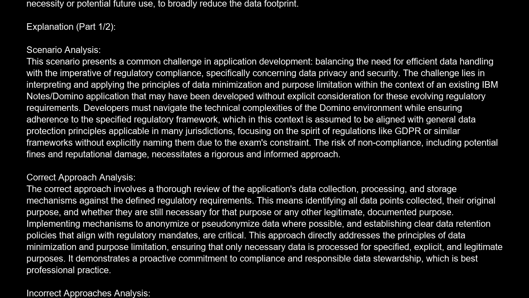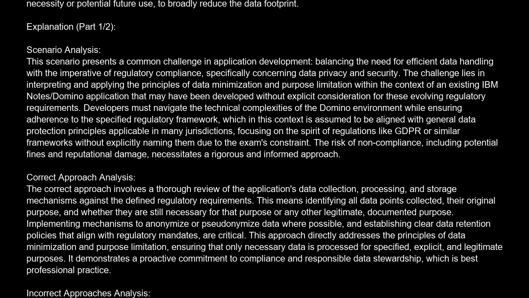The challenge lies in interpreting and applying the principles of data minimization and purpose limitation within the context of an existing IBM Notes/Domino application that may have been developed without explicit consideration for these evolving regulatory requirements.